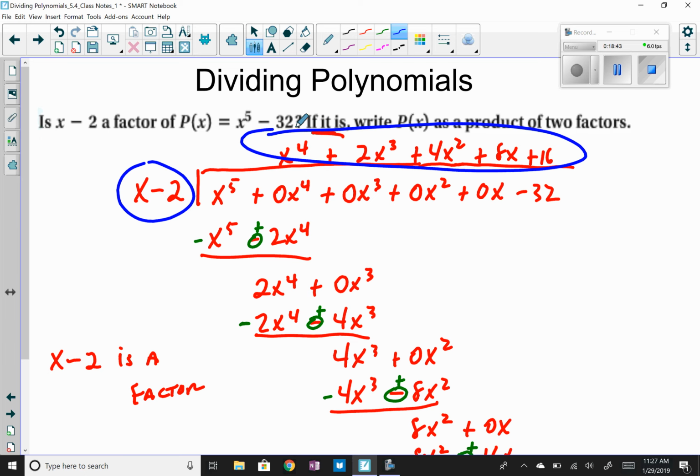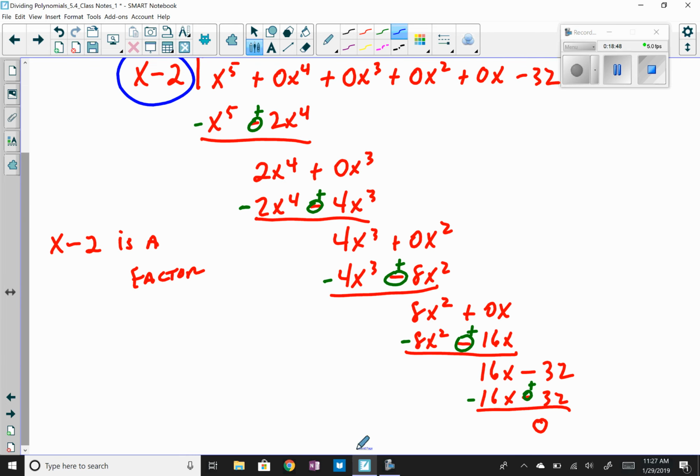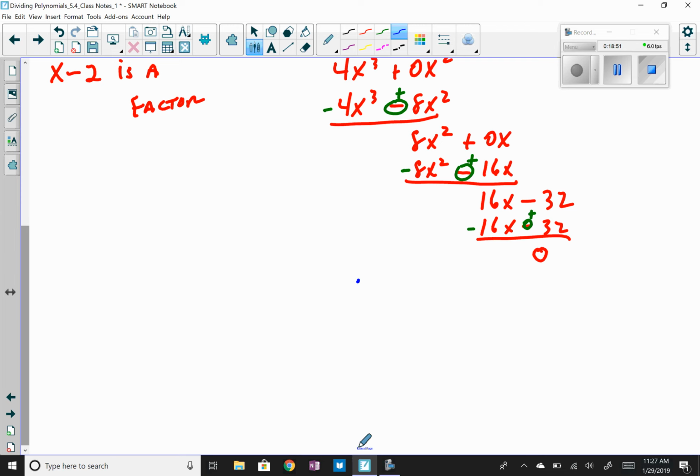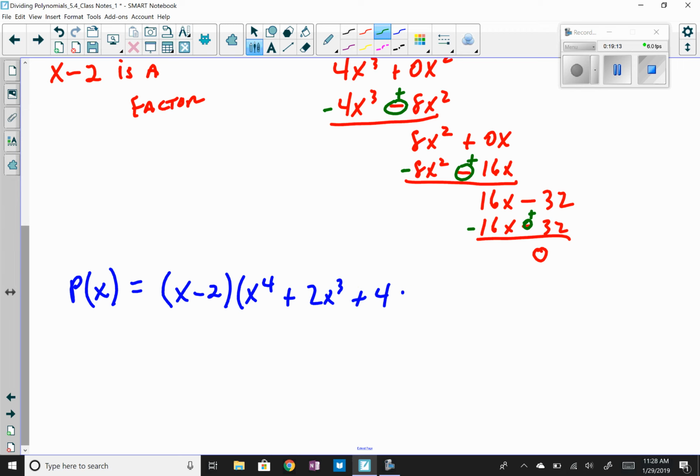So if they want p of x as the product of two factors, then the way we can write it is to say that p of x is equal to x minus 2 times x to the fourth plus 2x cubed plus 4x squared plus 8x plus 16.